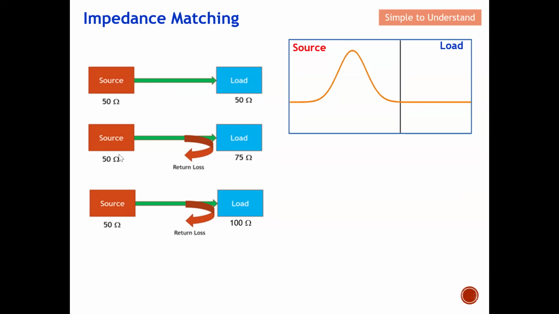However, when the impedances, you can see from here, are different, the source and the load impedance are different. Because of this, we actually have return loss. Once we have this return loss, we are not able to achieve maximum power transfer because some of the power is reflected back to the source. Hence, we no longer have maximum power transfer.